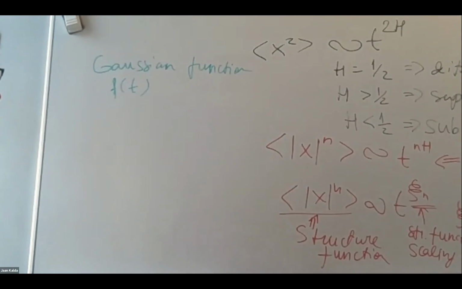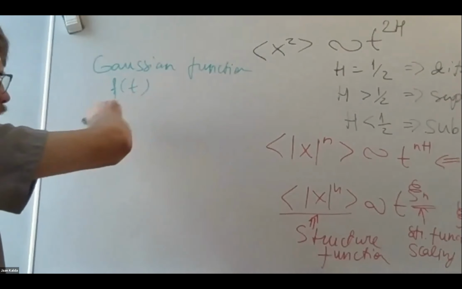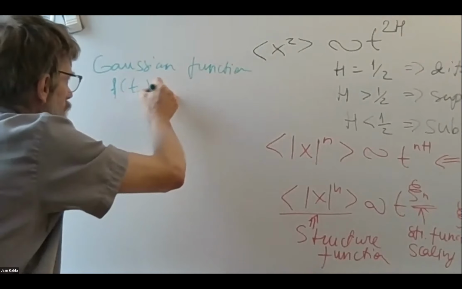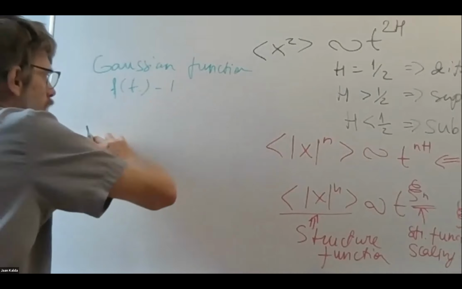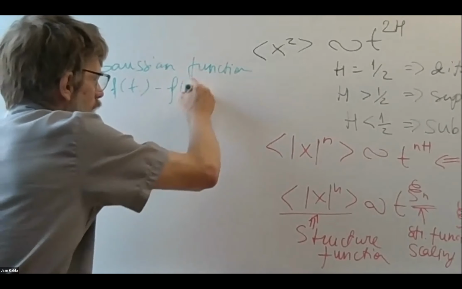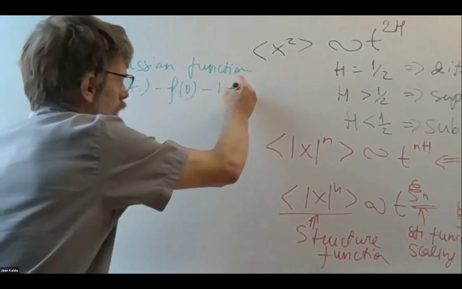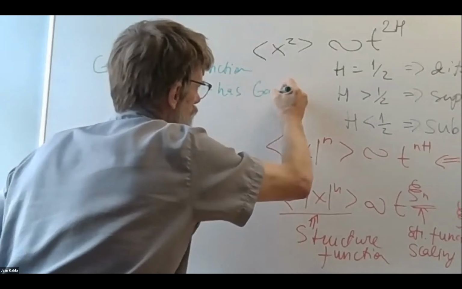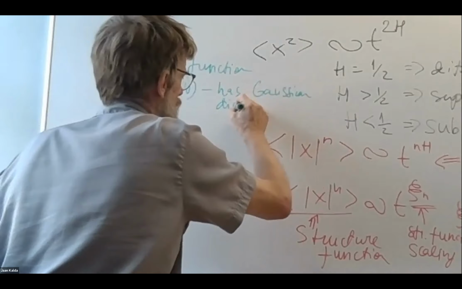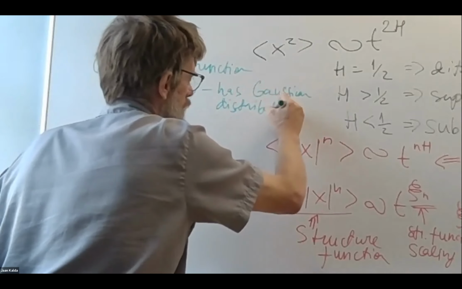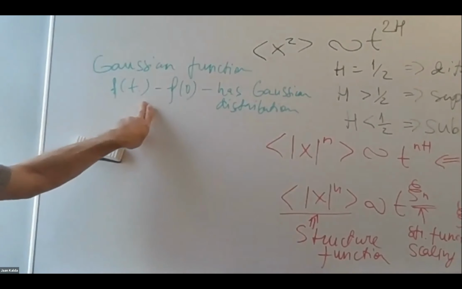So what does it mean? It means that f of t minus f at 0 is Gaussian, has a Gaussian distribution. Then I say this is a Gaussian function.